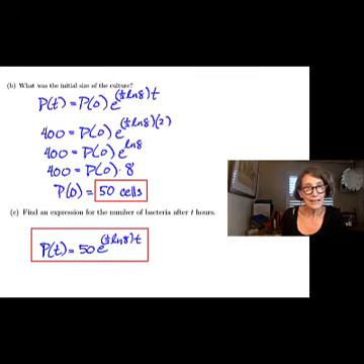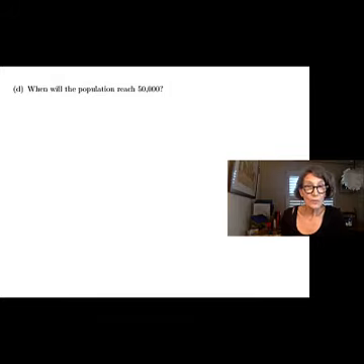Finally, part D says, when will the population reach 50,000 cells? Remember, we started with 50 cells, then 2 hours later we had 400, and then 4 hours after that we had 25,600 cells.